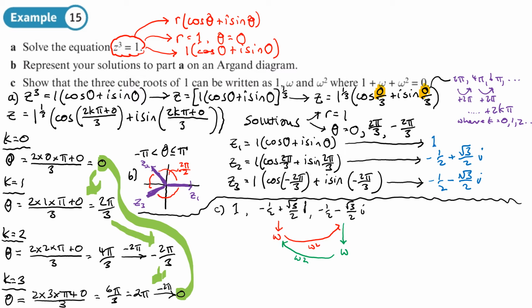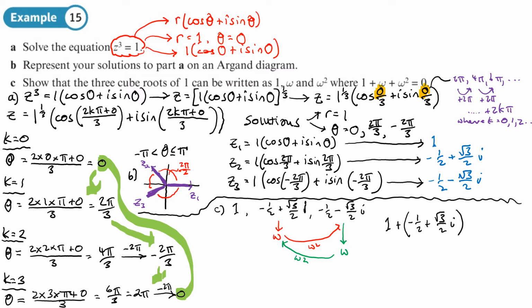So each one of the other roots, they're squares of each other, so we could use either one for omega. And let's see what happens. So I'm going to do 1 plus, let's call Z1 omega, like this.